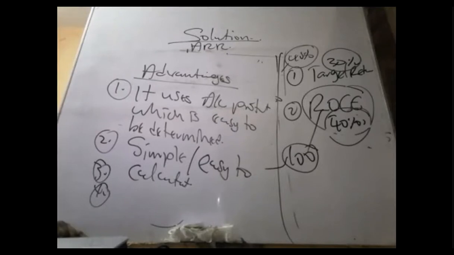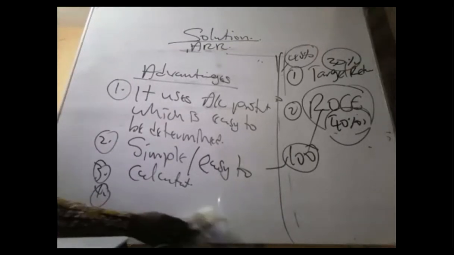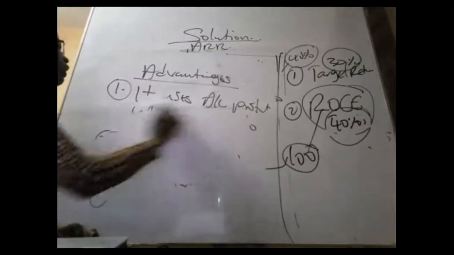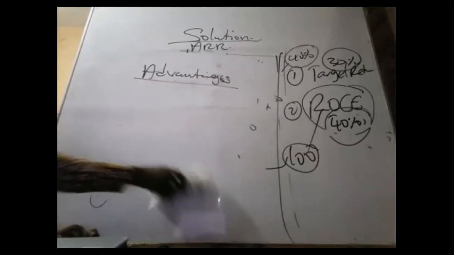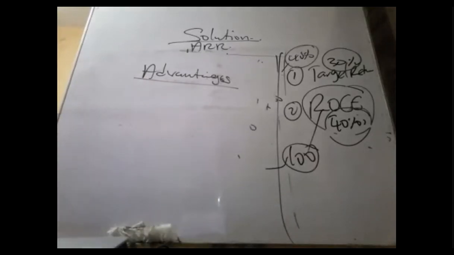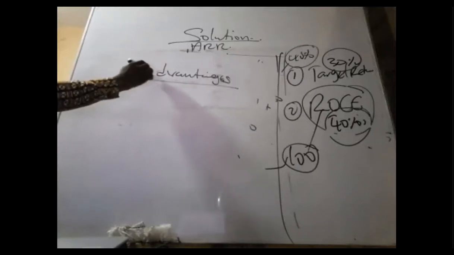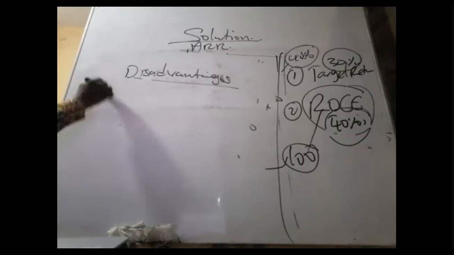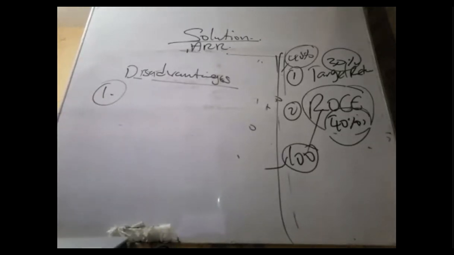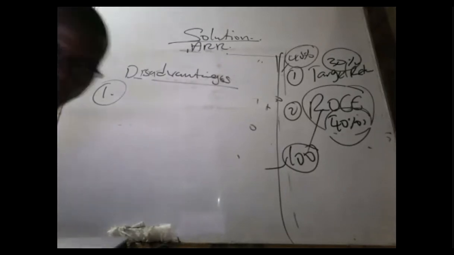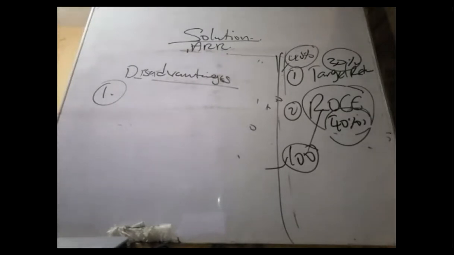Let's move on to the disadvantages. It has a lot of challenges. Number one, the first challenge, disadvantages of accounting rate of return: it is based on accounting profits, which is subject to what?